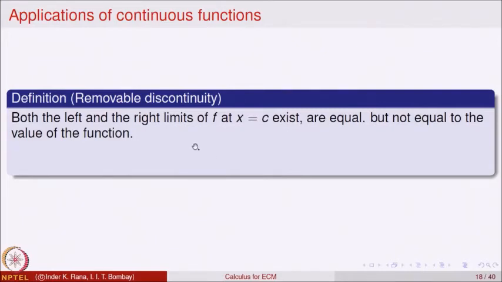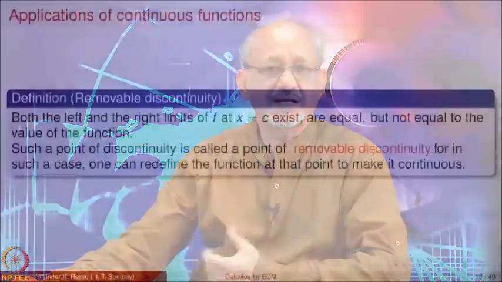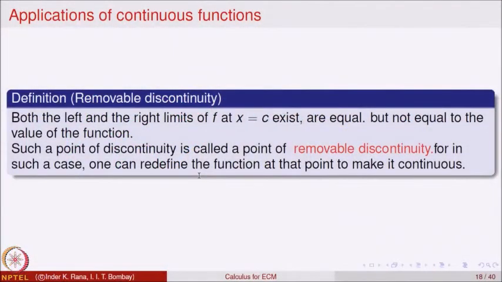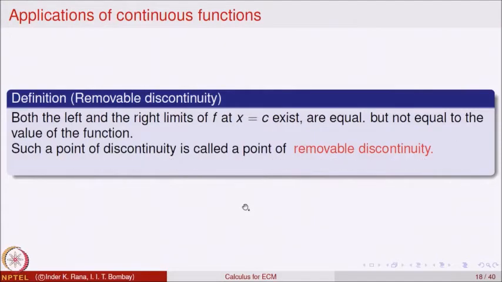That is what is called the removable discontinuity. One can redefine the function if need be. Such a point is called a removable discontinuity because one can redefine the function to be equal to the common value of the left limit and the right limit, and remove the discontinuity. So, there are three types of discontinuities. One is called essential, which cannot be removed, because either the left limit does not exist or the right does not exist or both do not exist.